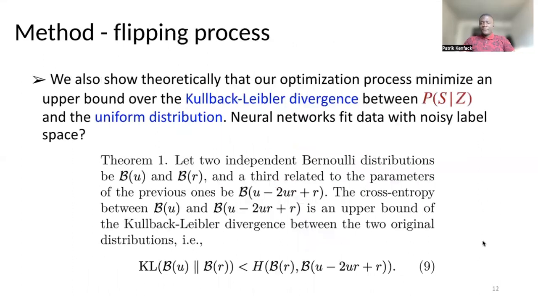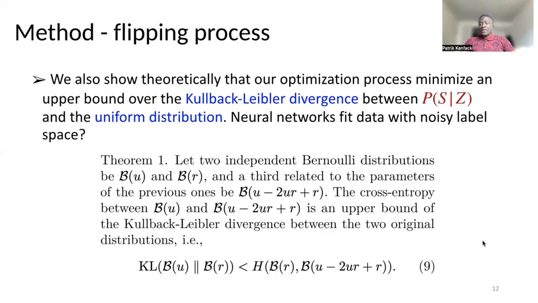Regarding our flipping process, we show theoretically that it actually enforces the network to get the prediction of the sensitive attribute close to the uniform distribution. For that, we show that this optimization problem is an upper bound to the Kullback-Leibler divergence between the conditional P of S given Z and the uniform distribution. You have this theorem in the paper.